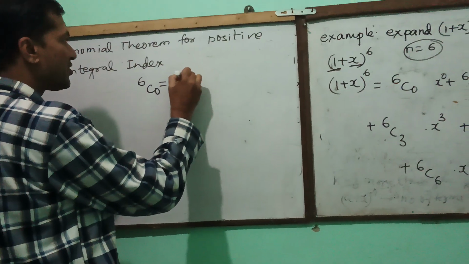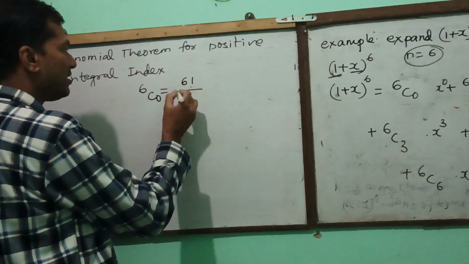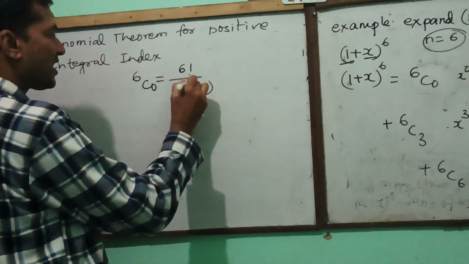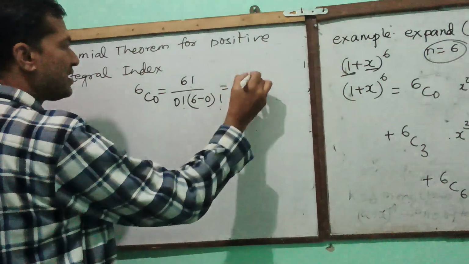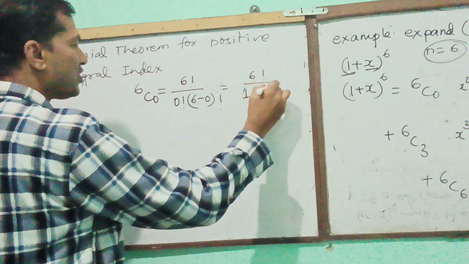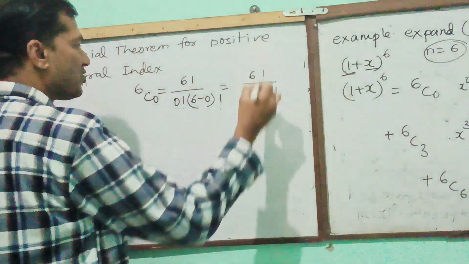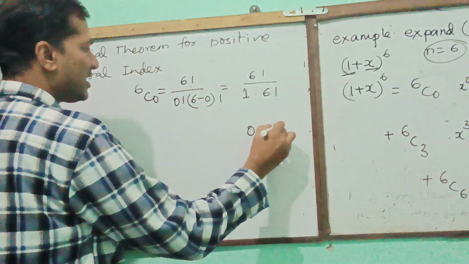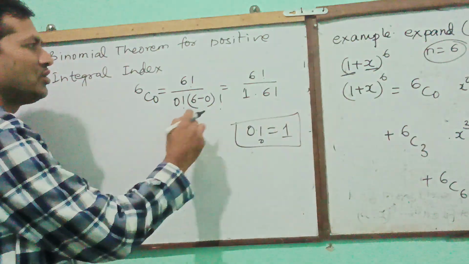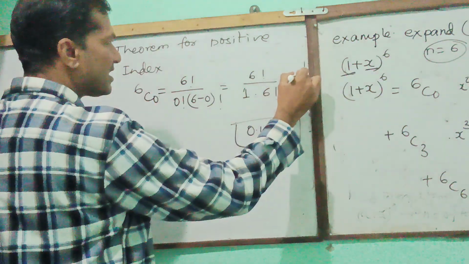Otherwise, 6 factorial by 0 factorial into 6 minus 0 factorial, and this is 6 factorial by 0 factorial, which means 1 into 6 factorial. 0 factorial is equal to 1. So finally we are getting this as 1.